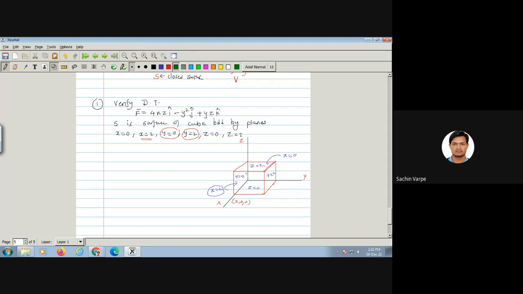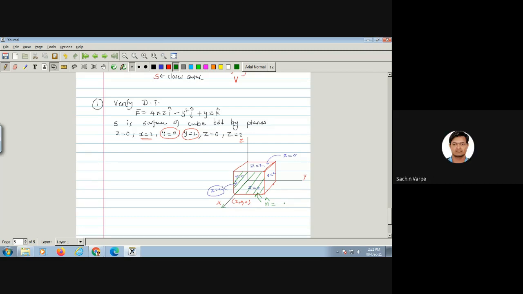So let us write in short. First tell me, what is the area element for this x equal to 2, this front surface? What is n cap for this surface? N cap will be in the direction of the x axis.